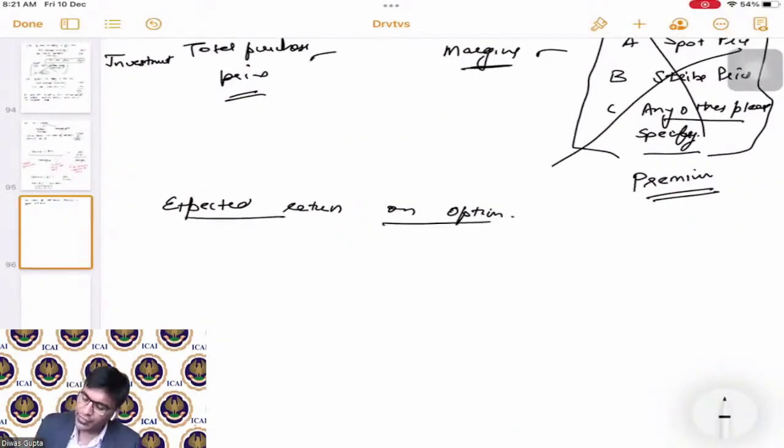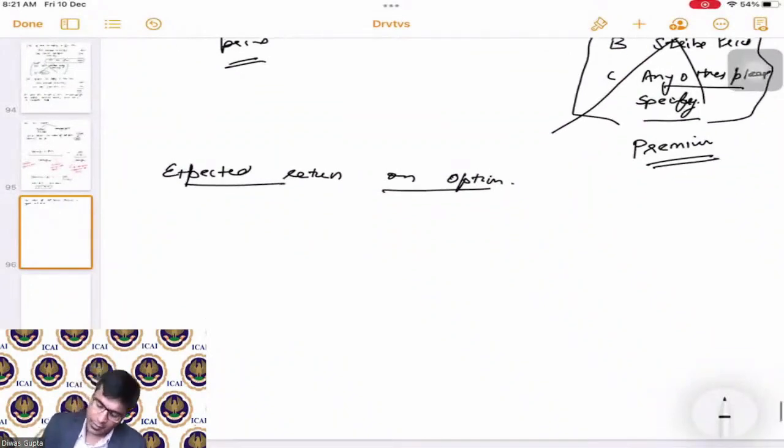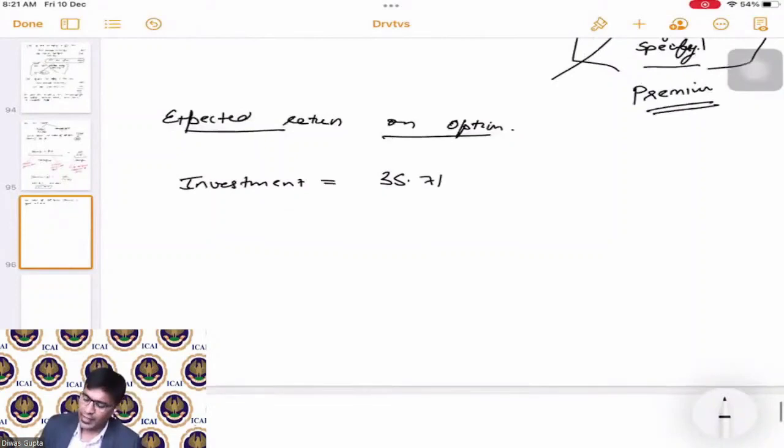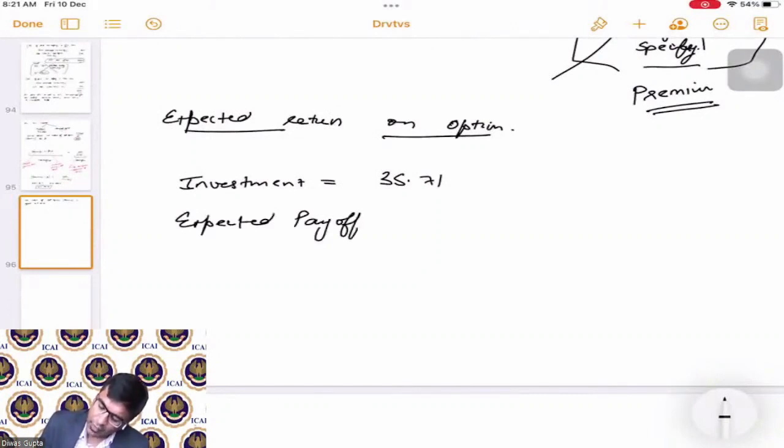See, first of all, students, the investment is how much? 35.71. We have to calculate the expected payoff on expiry.